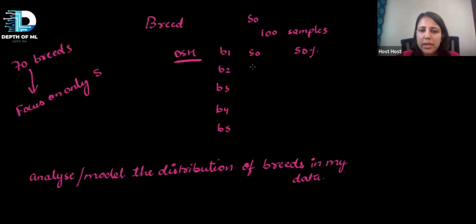Similarly, other breeds maybe 20%, 20%, and 9%, and this one is just 1%. So this particular breed is just 1% of my data. I have just one example of this breed, so this is a rare breed.